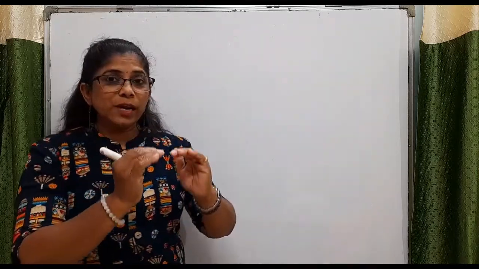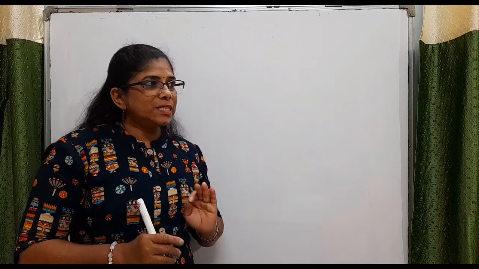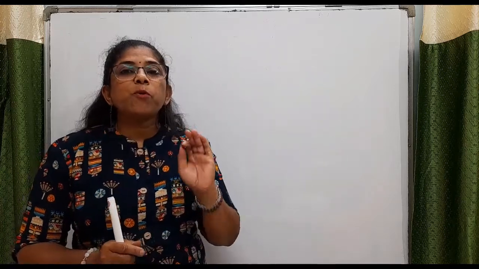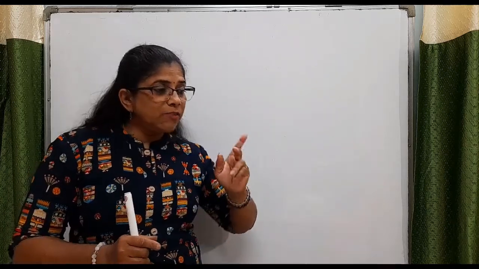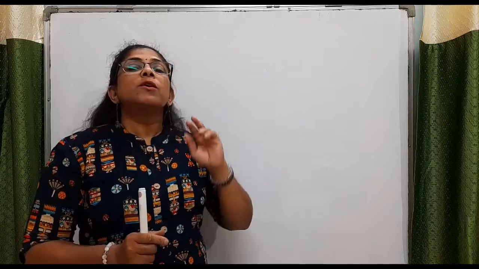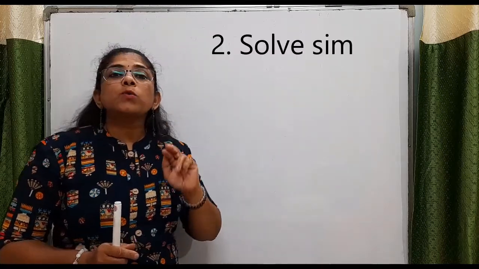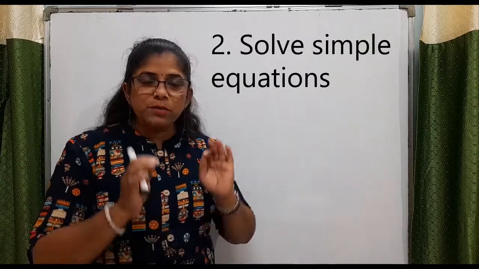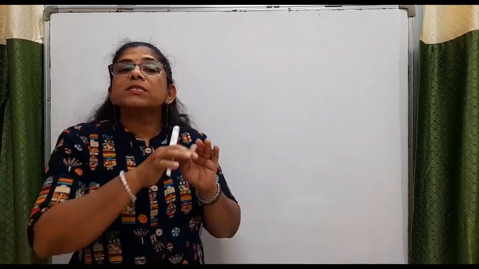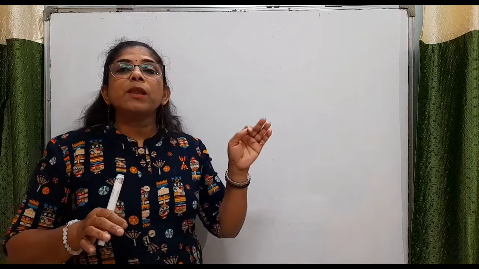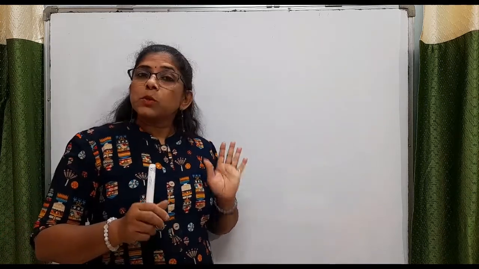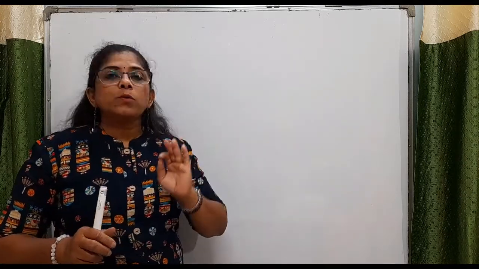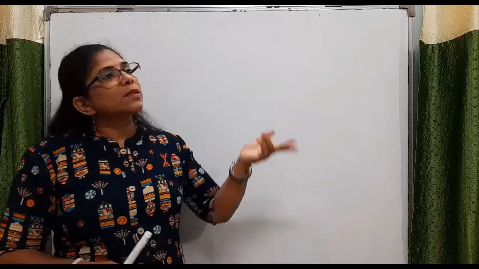Okay, now once you get the formula, next is you should be perfect in how to deal with those values. Means you should be perfect in how to solve the simple equation, because dealing with the formula, substituting the values and solving is nothing but solving one simple linear equation.